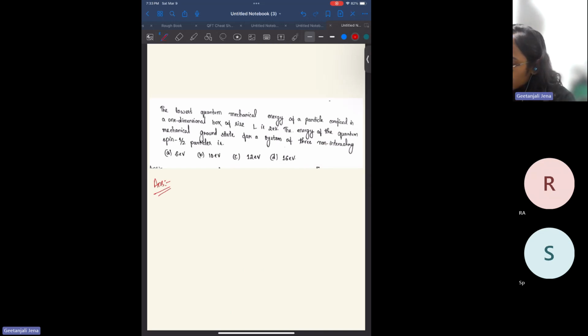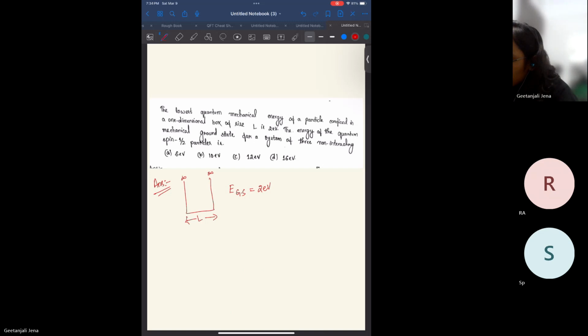So the next question is based on many body systems. It is given the lowest quantum mechanical energy of a particle confined in a one-dimensional box of length L. So it is given the lowest energy, that means the ground state energy, which is 2 electron volt.